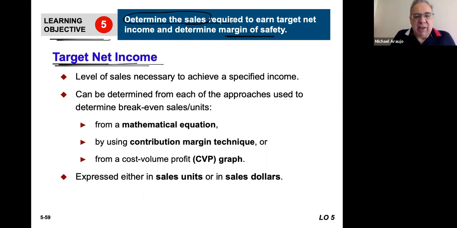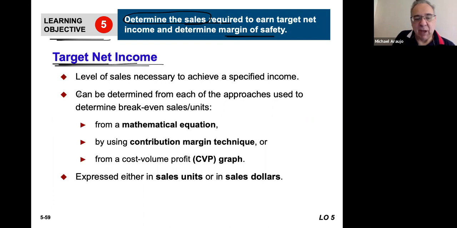Oftentimes there's a huge connection in setting a profit-based goal and then telling your sales force, this is your quota. You have to do this, you have to do that, because they know exactly what they're looking for in sales and profitability. So they've got all this stuff worked out ahead of time, which is good.